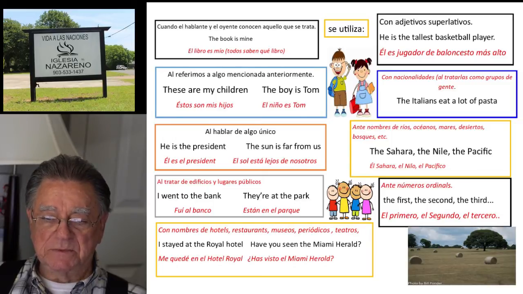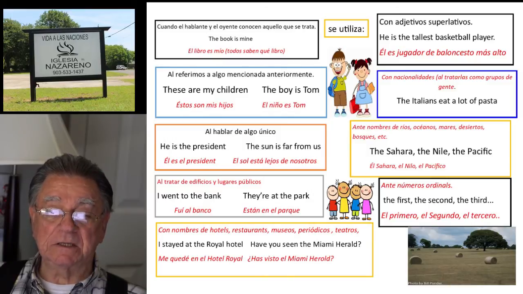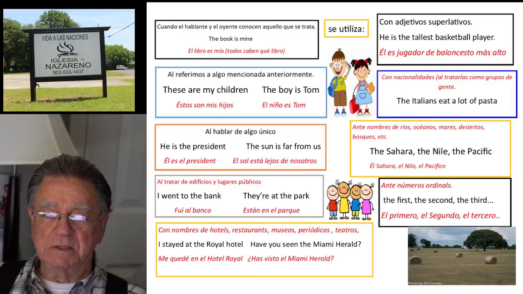Pass up the children in the middle. Go over here to con adjetivos superlativos. Okay, for example, he is the tallest basketball player. He is the, okay, he's not a, he is the tallest basketball player. Okay, when we're saying something is the tallest or the best or the most handsome for men, the prettiest for women, he is the tallest basketball player.